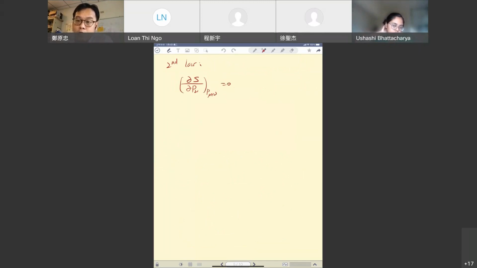Now at this extreme point, all the first derivative should be 0, right? So this must be satisfied from the second law.